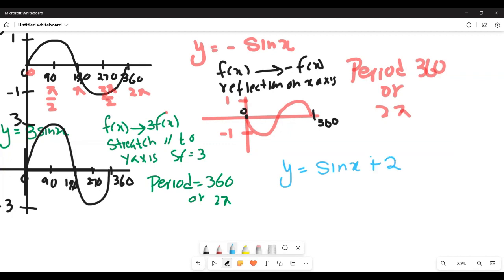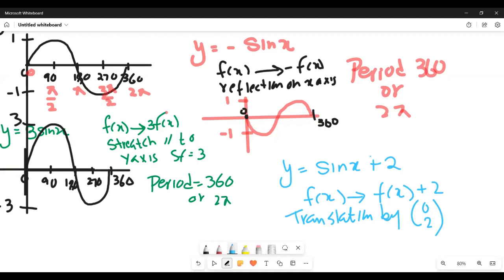If you remember, when f(x) transforms into f(x) plus 2, that is a translation. Translation by 0, 2. It's just going up. So what you do to the sine graph is move it 2 units up.